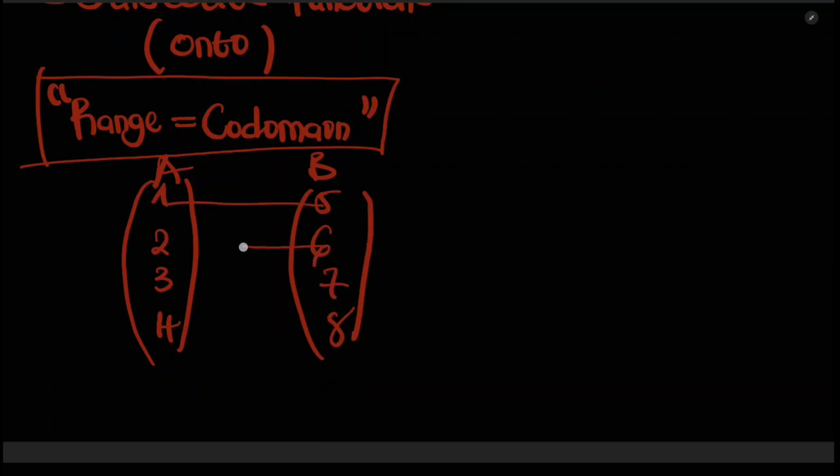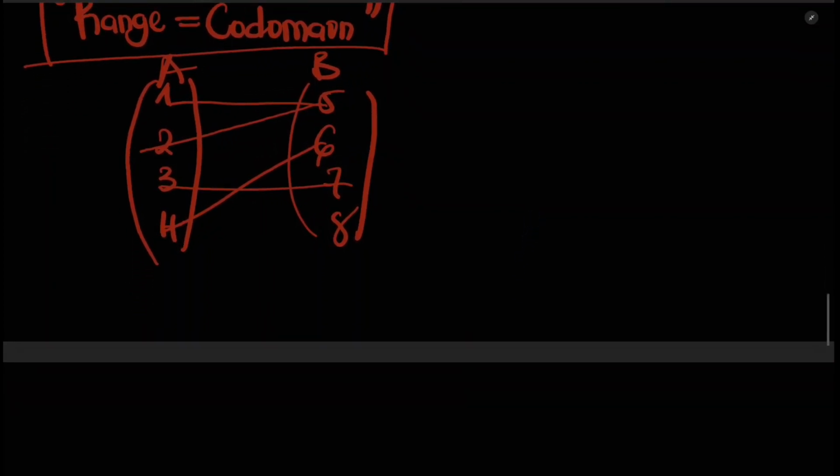Okay, let me do a rough mapping here. So for this to be surjective, every element, every image in the codomain should have an ancestor in the domain.